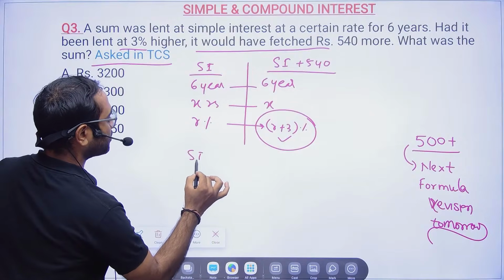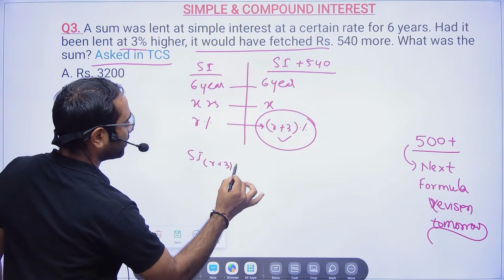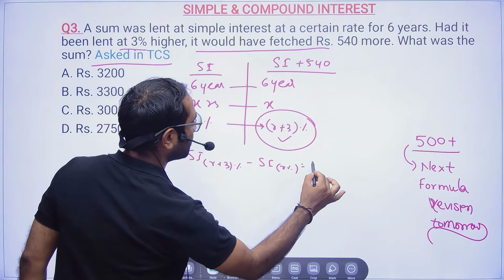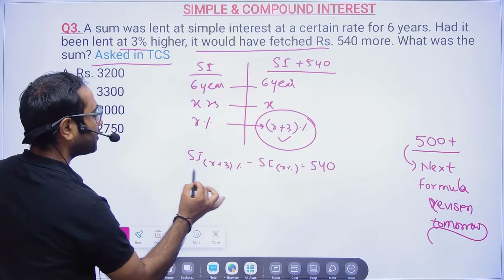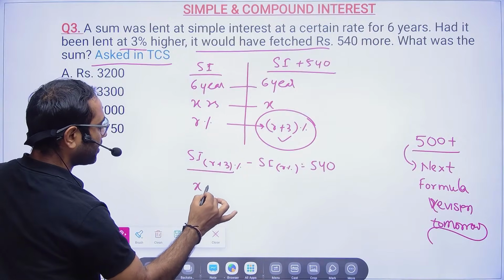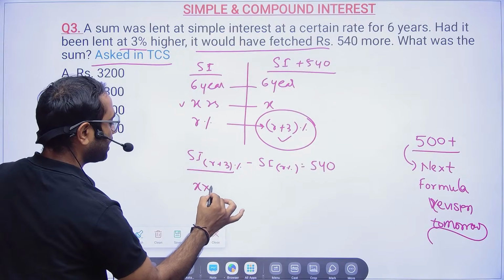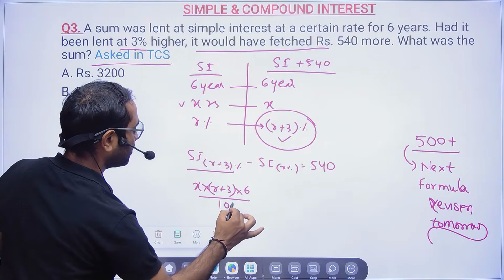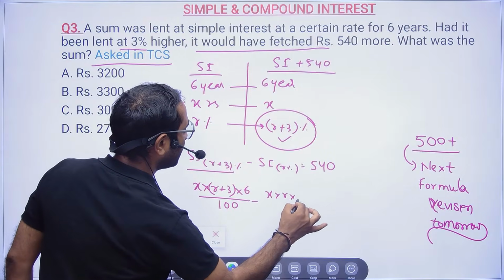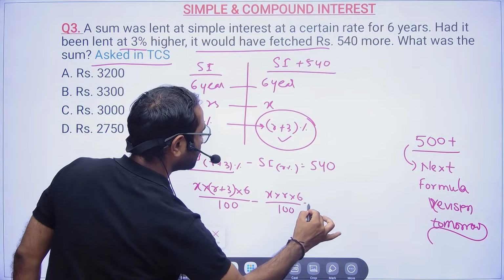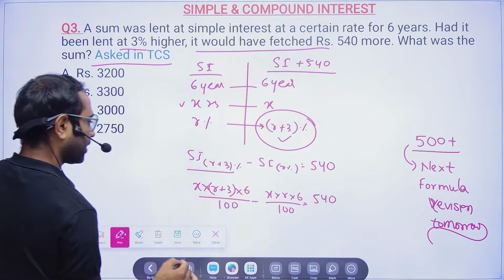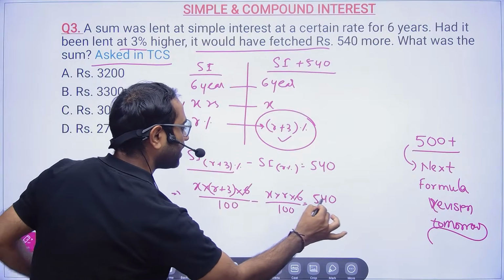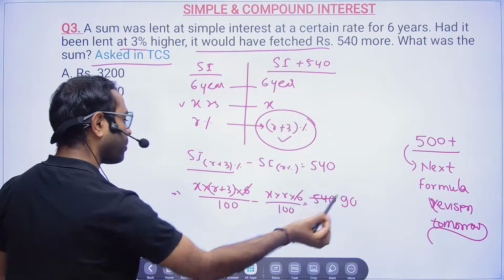So simple interest when the rate is r plus 3% minus simple interest when the rate is r% equals 540. Here you see, PRT by 100. Principal is x rupees we have assumed, rate is r plus 3, and time is 6, by 100, minus x into r into 6 by 100 equals 540. Now this 6 and 6, I took 6 common and divided, so 540 by 6 is 90.